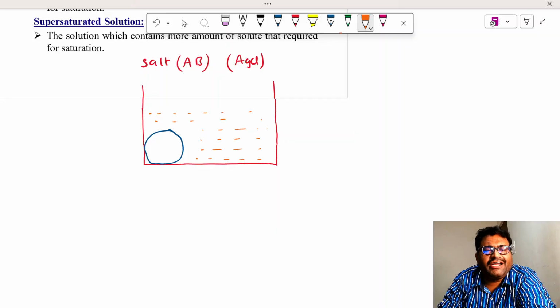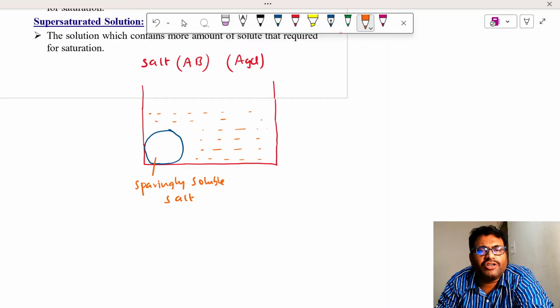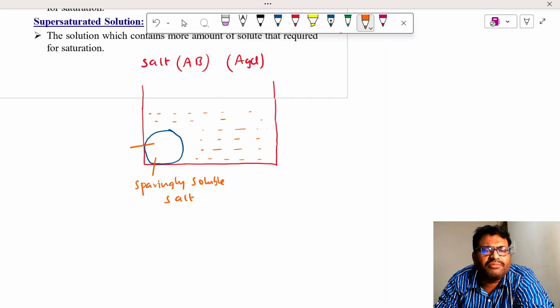We know that this AgCl is a sparingly soluble salt. Sparingly soluble means that a very small amount of this salt is dissolved. For example, let me take 10 grams.